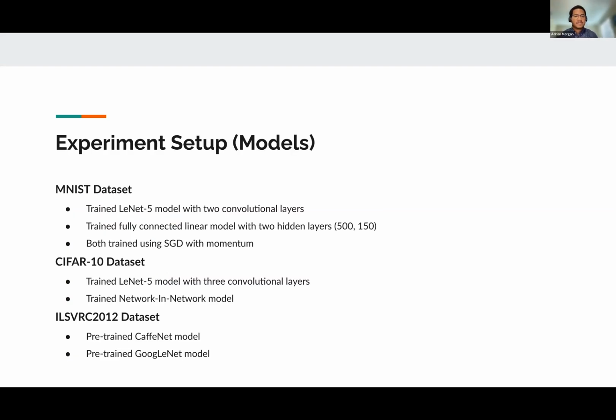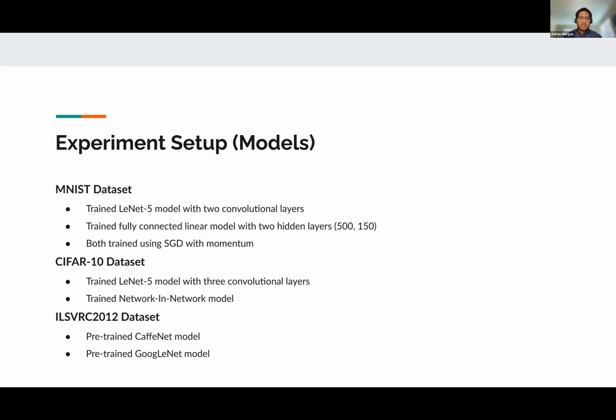Right, so for the experiment setup, the model used was the LeNet model on the MNIST dataset with two convolutional layers. Also a fully connected network with two hidden layers, the first being 500 nodes and the second with 150 nodes, was also computed on the MNIST dataset, and both were trained using gradient descent with momentum.